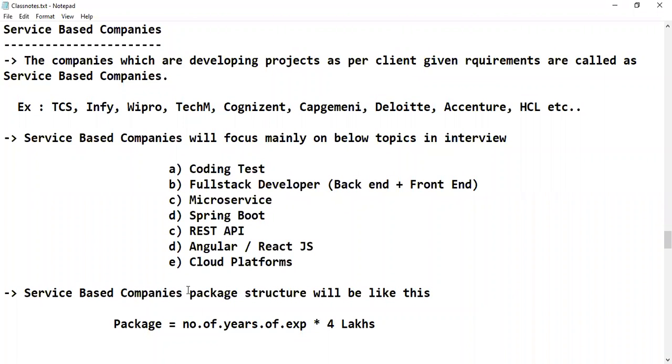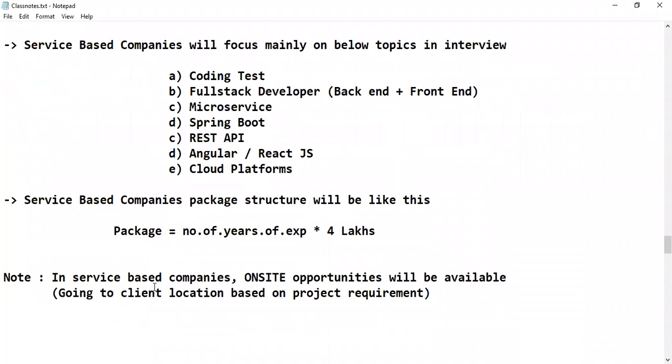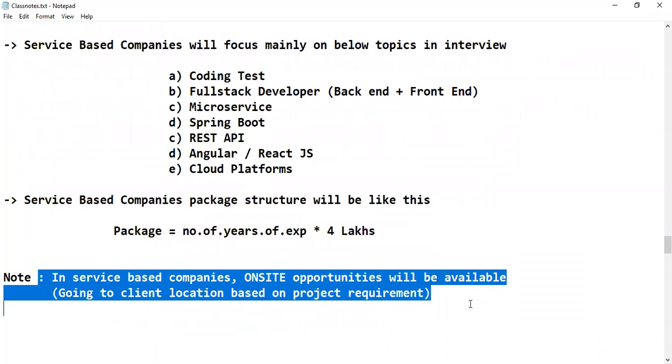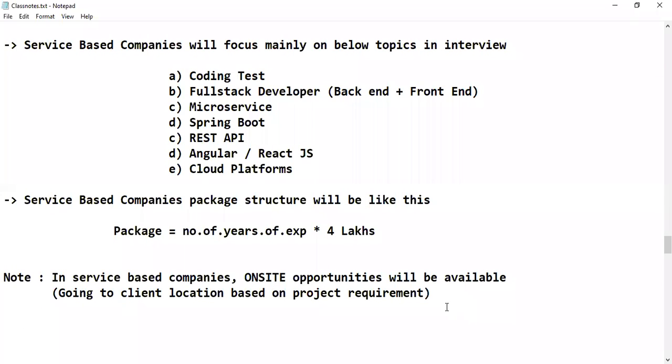How well you do the coding, how well you understand the project, how well you deliver a quality project to the client, how you manage the client requirements. Based on your performance, they will recognize your work. Then if there is a requirement in the client location, they will send you on-site. On-site opportunities will be more in service-based companies when compared with product-based companies.